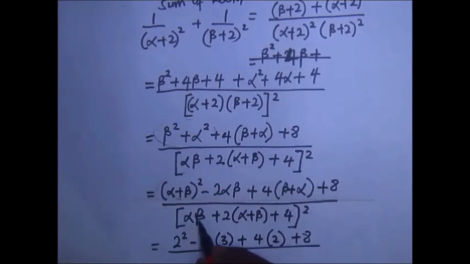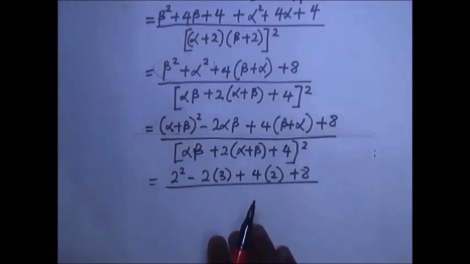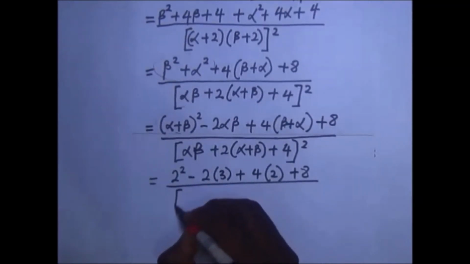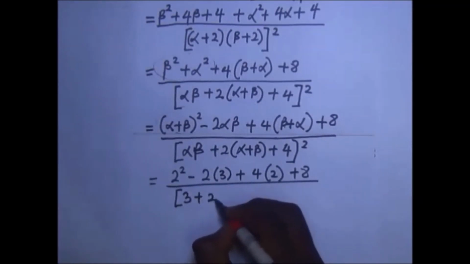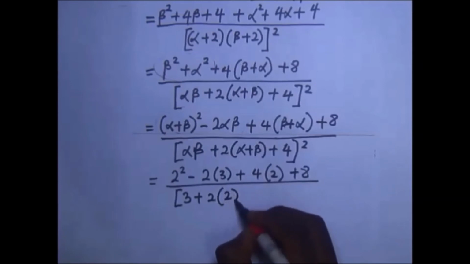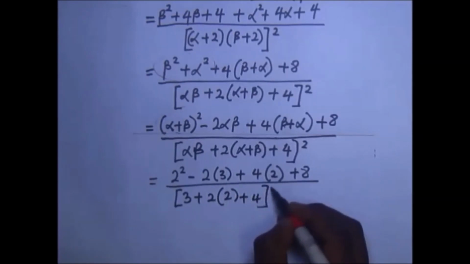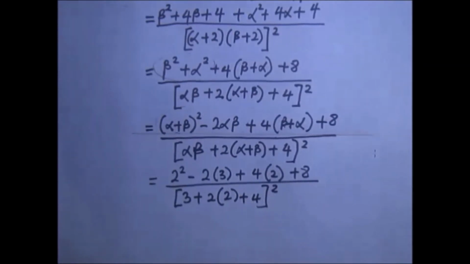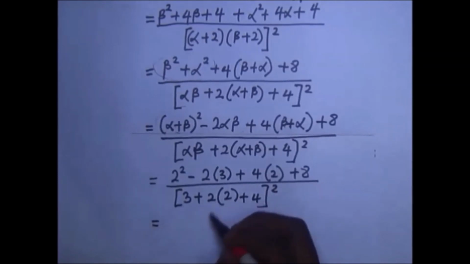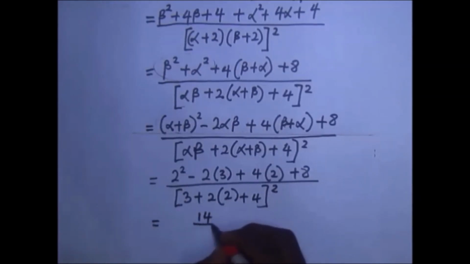Divide all that by alpha beta. What is our alpha beta? Alpha beta is going to be 3 plus 2 into alpha plus beta, which is 2, plus 4. All that is squared. So our answer there is going to become 14 over 121.